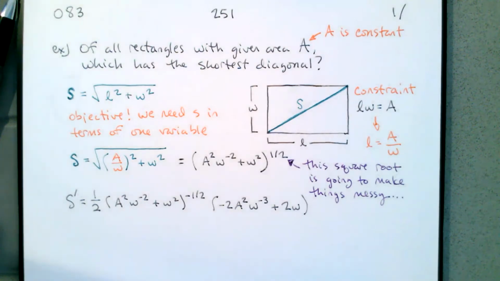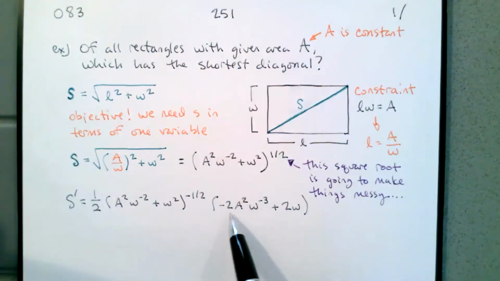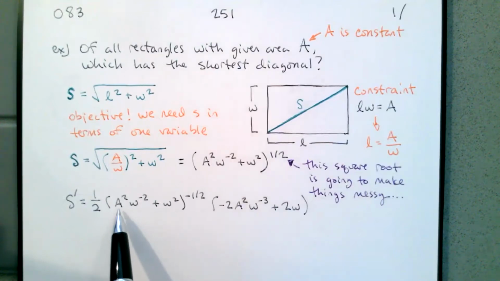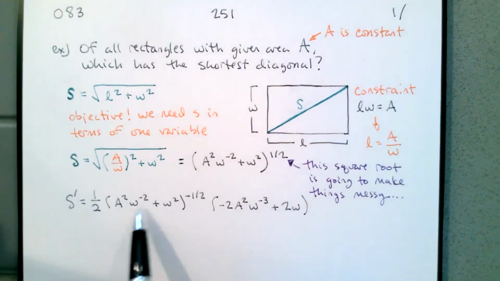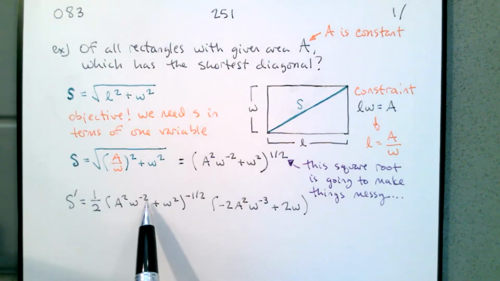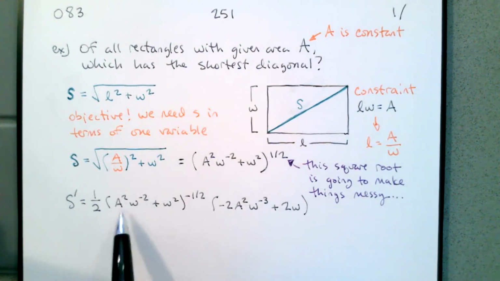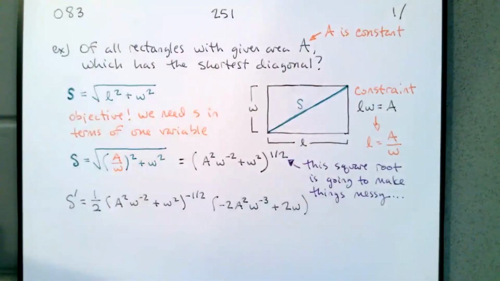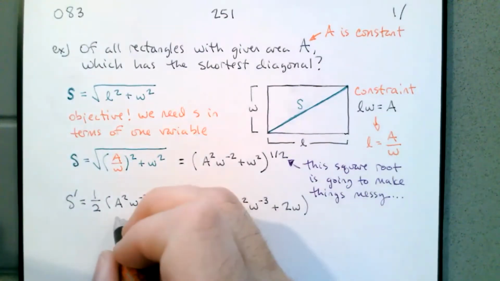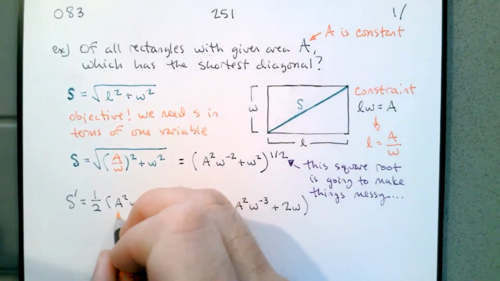Professor Lynch, how did you get the derivative -2A squared W to the -3 plus 2W? Where does that -2 come from? So I have to take the derivative of the inside function. So the derivative of A squared W to the -2, W is the variable. So I multiply by -2 and then subtract 1 from the exponent. A squared is constant. Oh, okay, I see it. And we're taking the derivative of W to the -2. Yes, I see it now. Thanks, Professor.